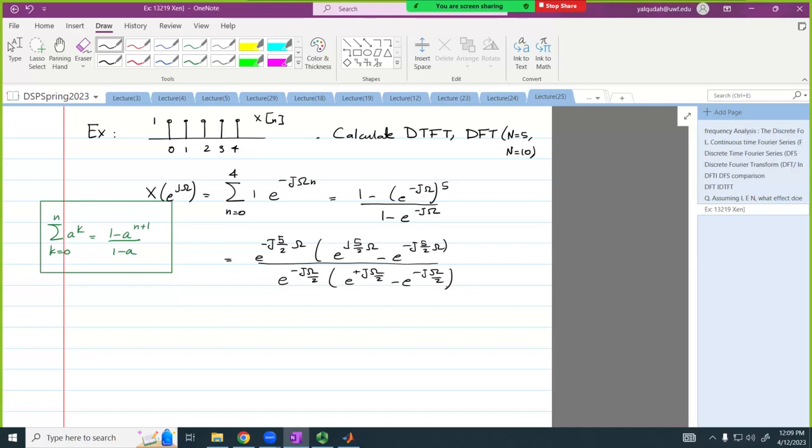We can cancel these, and what's left, this is 2.5 omega and in the denominator is half omega, is e to the negative j 2 omega, and then a sine of 5 over 2 omega divided by sine of omega over 2.